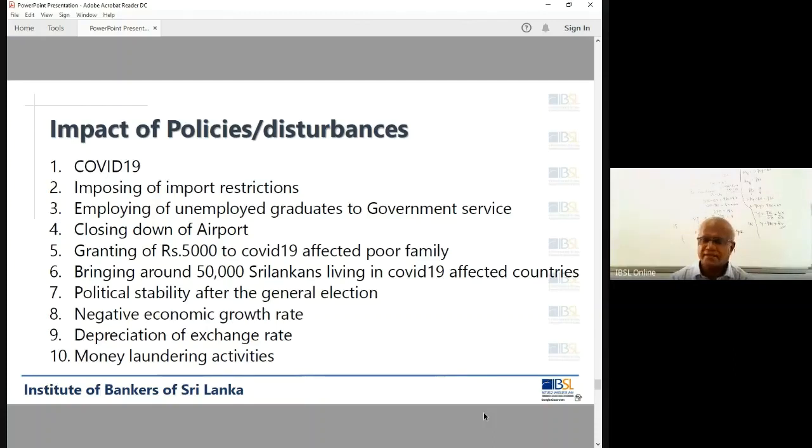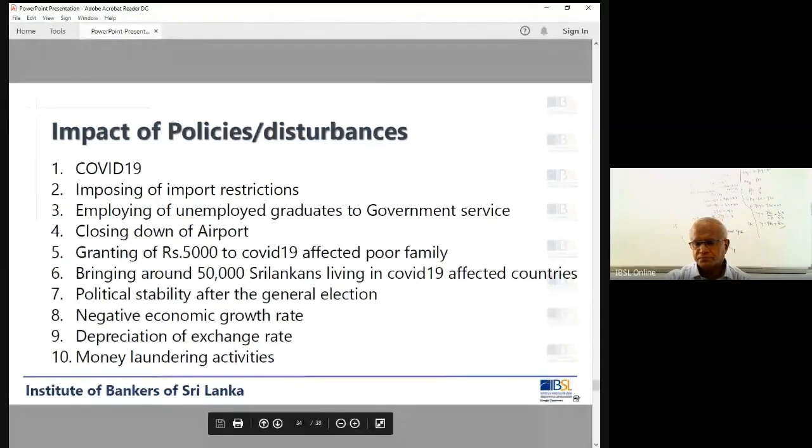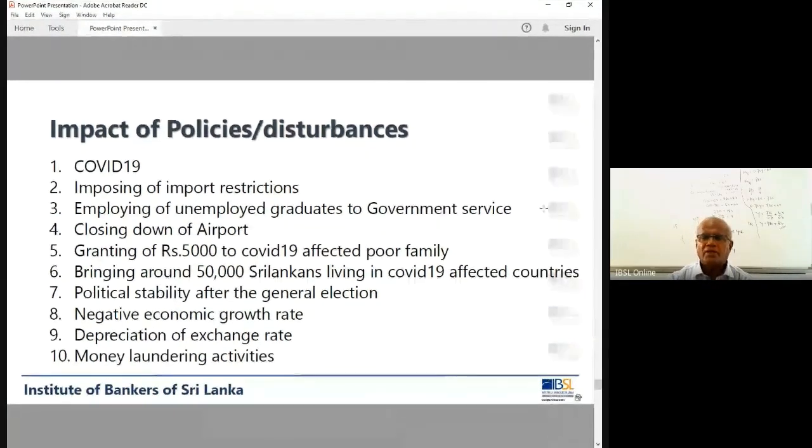Okay. Then these activities are important. Then what will happen? Money laundering activities, of course, you can discuss this, and drug finance. Controlling drugs also has a positive impact on economic growth. Depreciation of the exchange rate will make imports expensive.